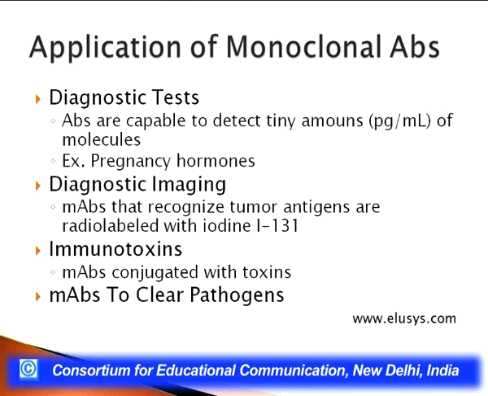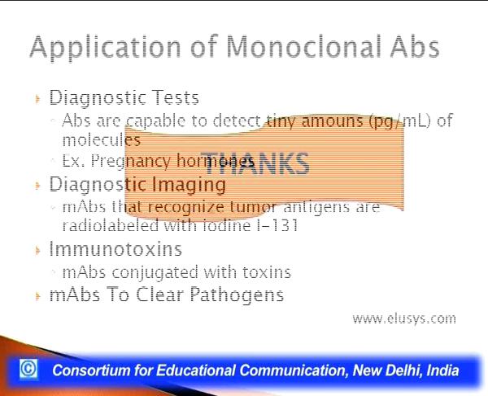Since they are attached to a ricin or shigella toxin, the toxin will finally kill those tumor cells. So, monoclonal antibodies have an important role as immunotoxins also. Of course, monoclonal antibodies are also utilized to clear pathogens from the body. This is a normal technique.